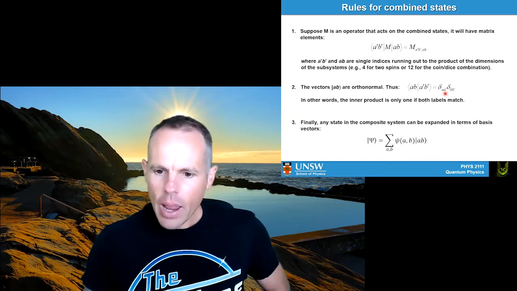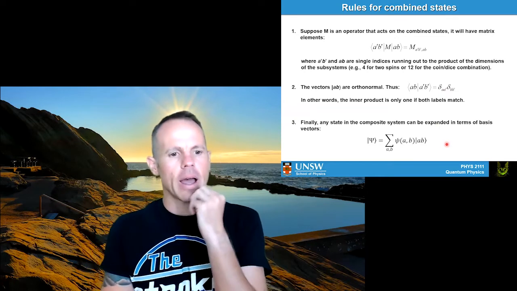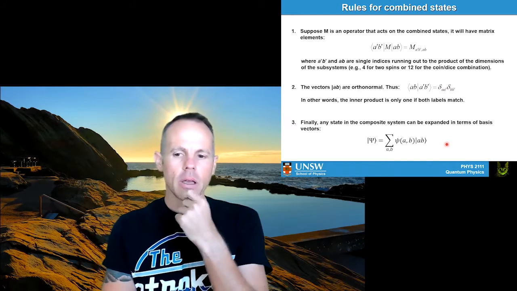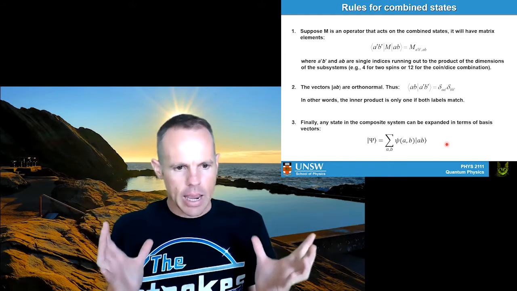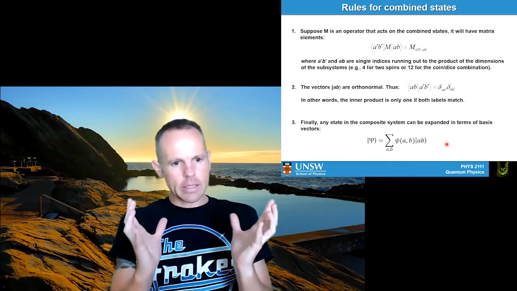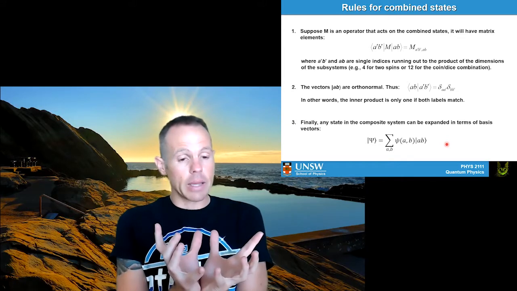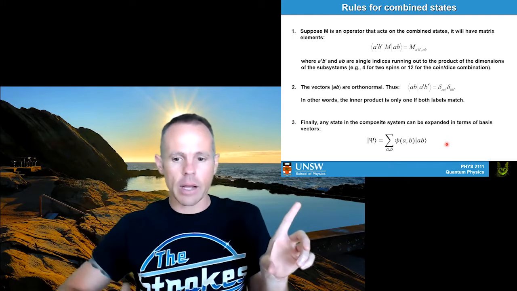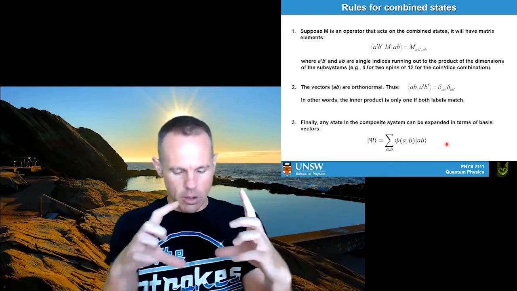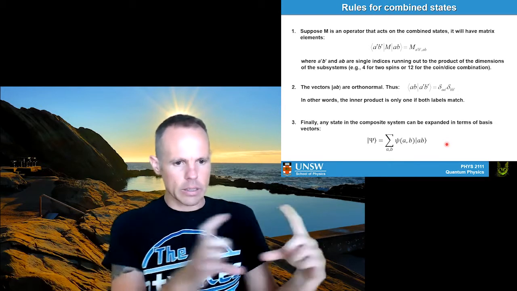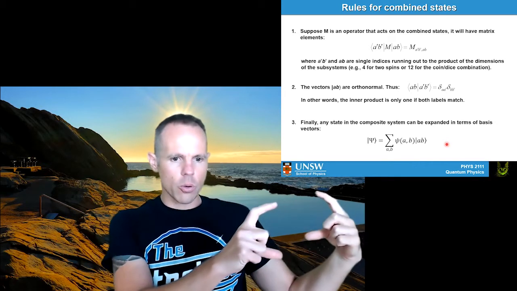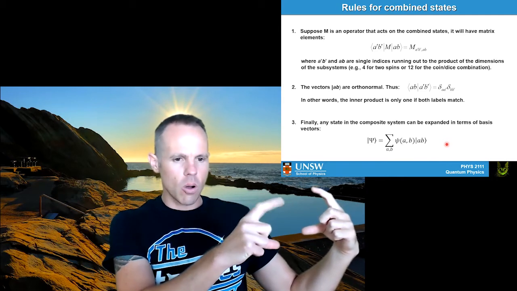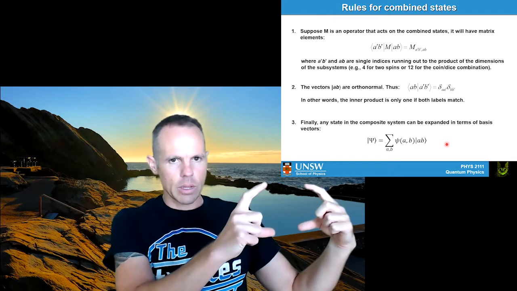Okay? And then the last thing is we have this sort of completeness requirement that comes into our combined space, which is that if we take any state in this combined space, it can be expanded in terms of the basis vectors. So for our 2 coins, each coin would have its own 2 by 2 matrices and 2-dimensional complex vector space for dealing with it individually.